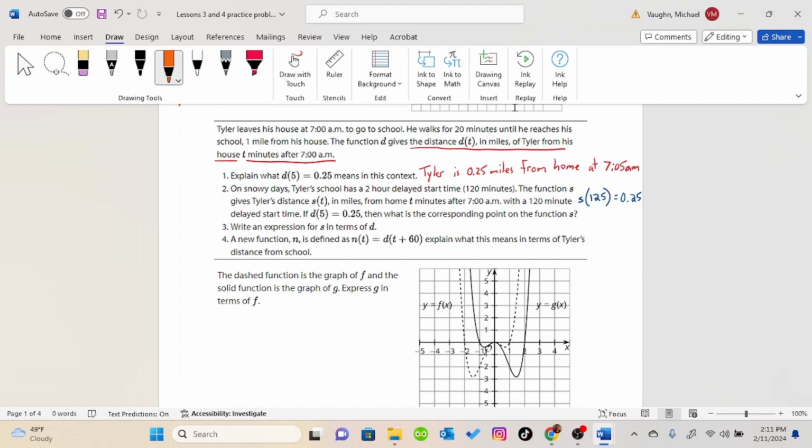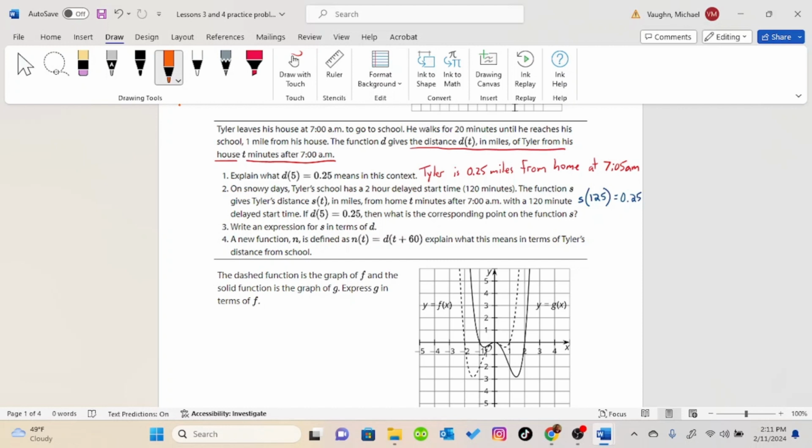Write an expression for s in terms of d. Well, s was 125 and d was 5.